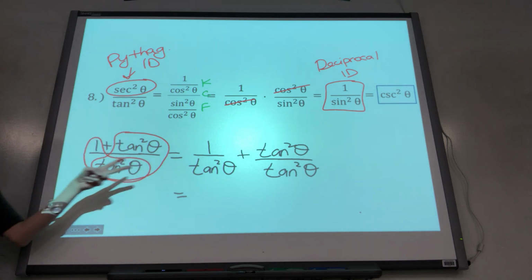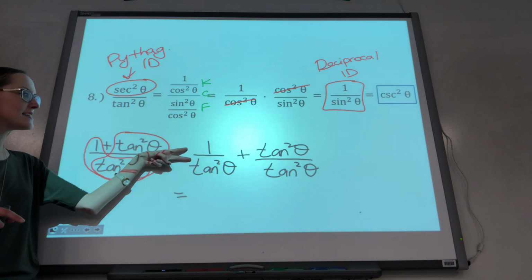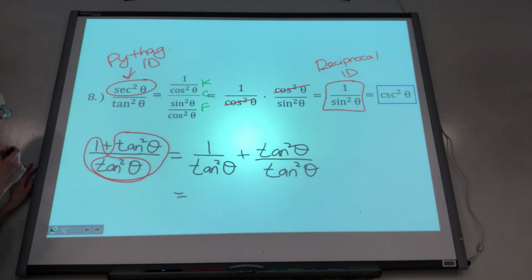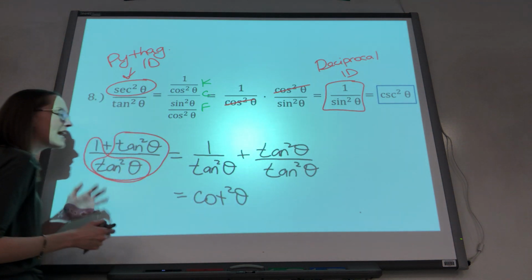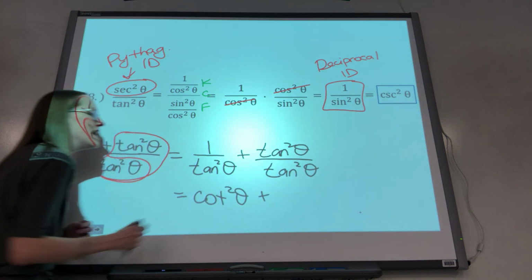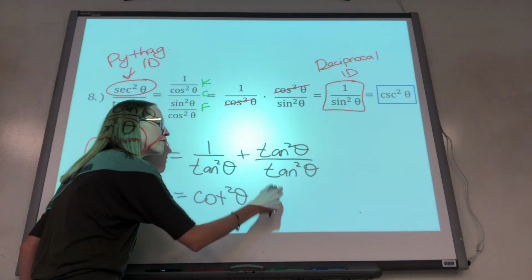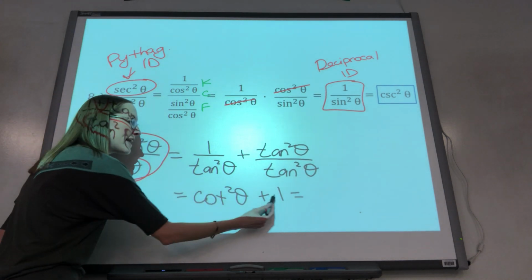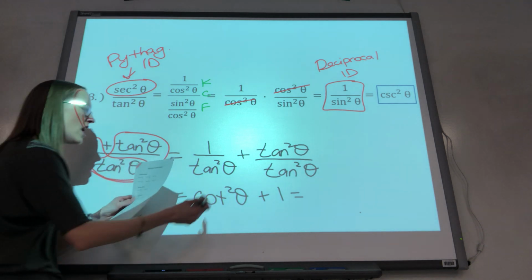You could, and that might end up working out okay. There may be an easier way to do it though. What else could 1 over tangent squared equal? Yes, if you just used a reciprocal identity, that would be cotangent squared, and then anything divided by itself is 1. So this right here should match up to another Pythagorean identity.